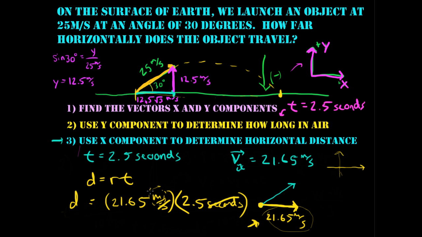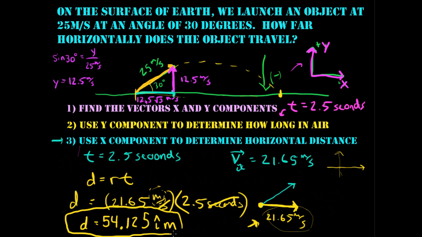So we have 21.65 times 2.5 seconds. The distance this object will have traveled in the horizontal direction, or the I hat direction, is 54.125 I hat meters. And remember, the I hat is just saying in the positive x direction. If it was negative 54.125 I hat meters, then it would be saying in the negative horizontal direction.